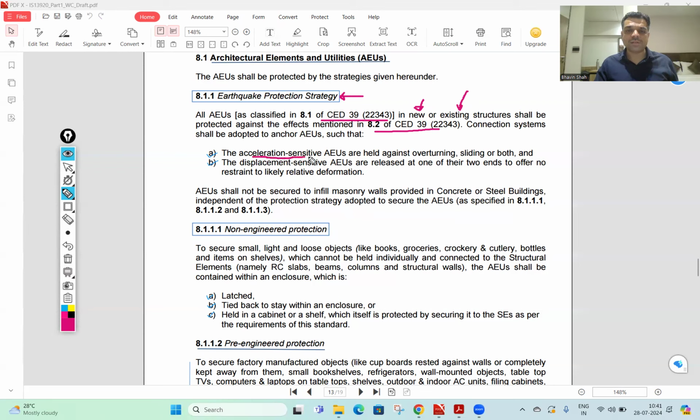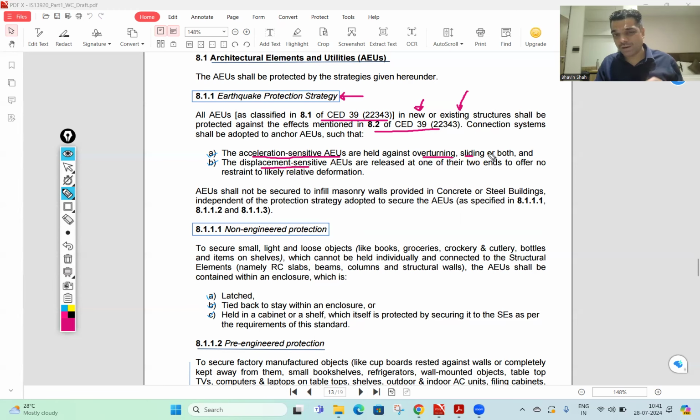the acceleration sensitive AEUs, so all AEUs are classified in two categories. We can say one is the acceleration sensitive AEUs, which are sensitive to the acceleration, and AEUs which are sensitive to the displacement. So if they are sensitive to the acceleration, then they are held against, let's say, overturning, sliding, or both.